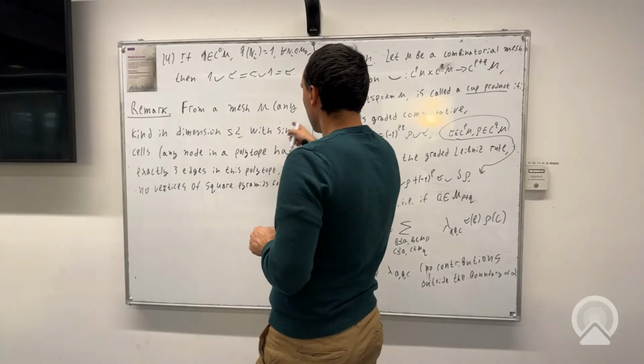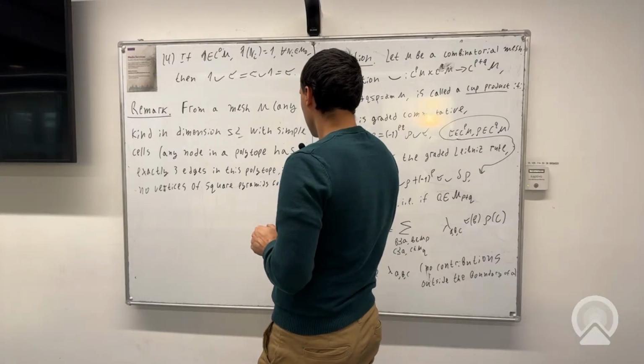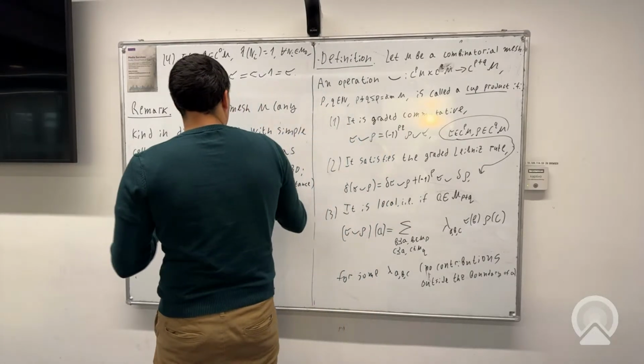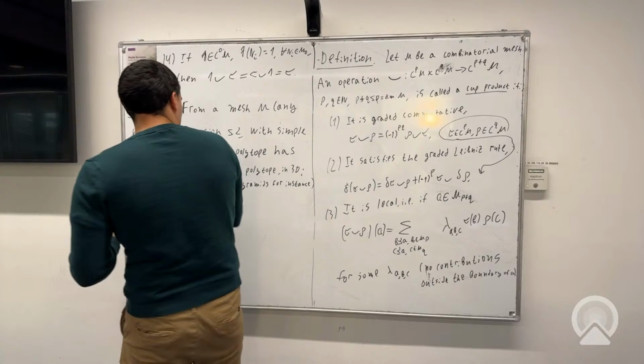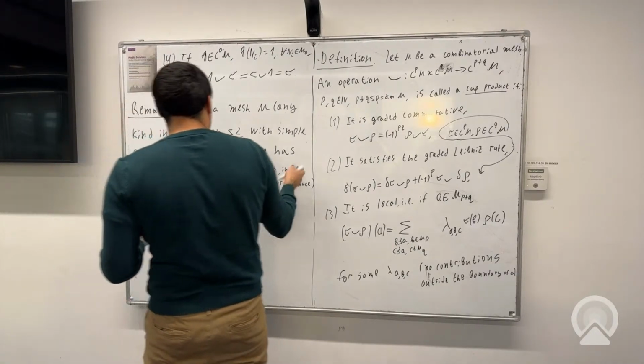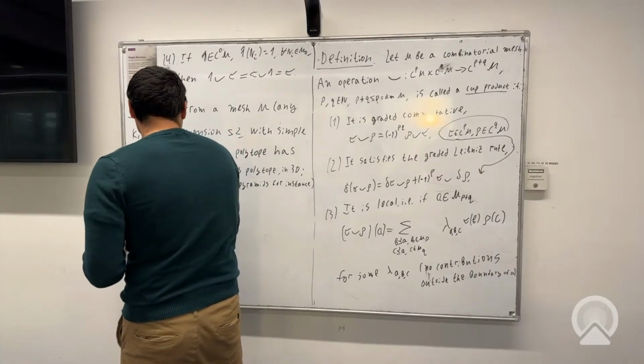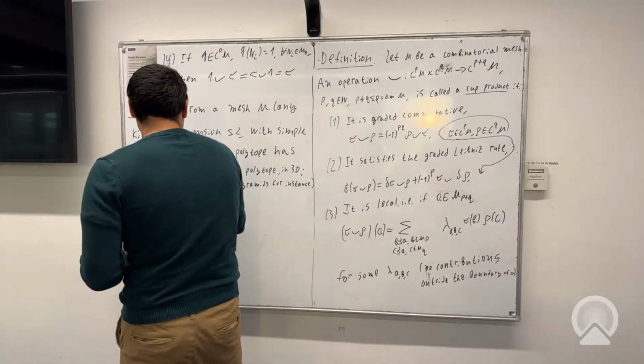So for any kind of simple cells, again, I want to finish my sentence. In 3D, I have 3D two times, but anyway, we construct.